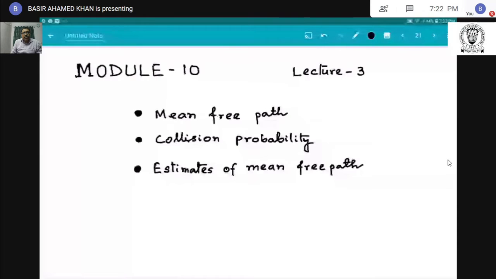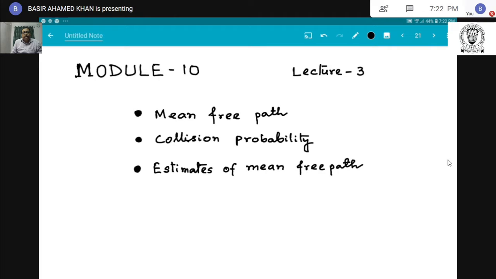In my previous lectures, that means in lecture 1 and lecture 2 of module 10, I discussed Maxwell's velocity distribution law and the graph of Maxwell's velocity distribution, different expressions of velocity, that means root mean square velocity, most probable velocity, and the average velocity of gas molecules.